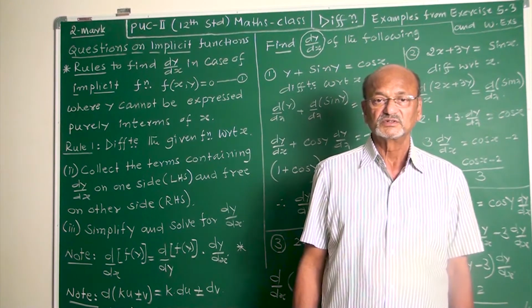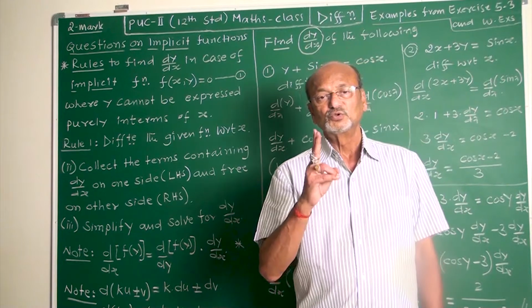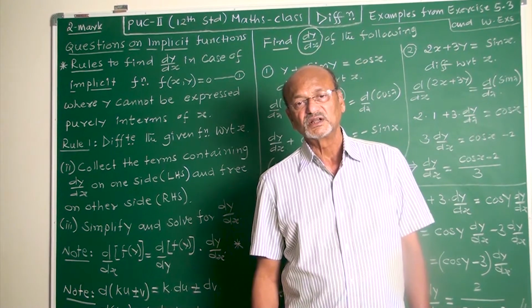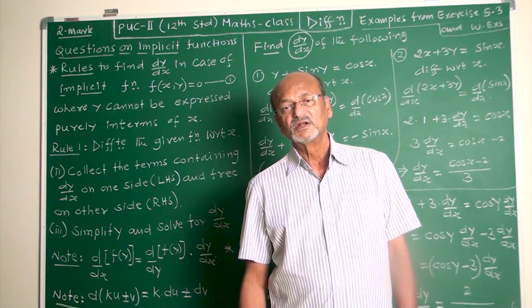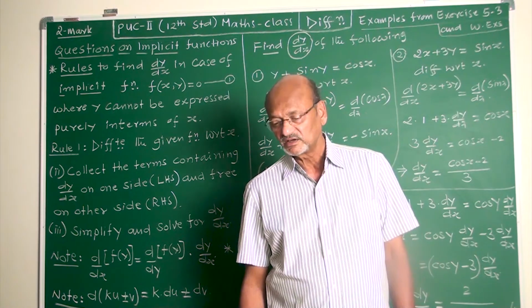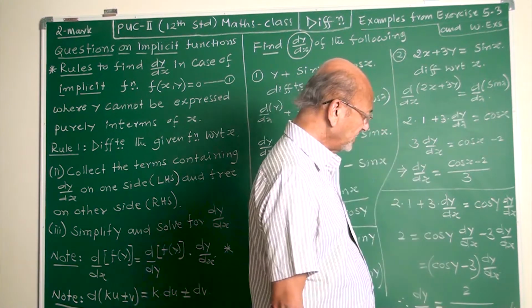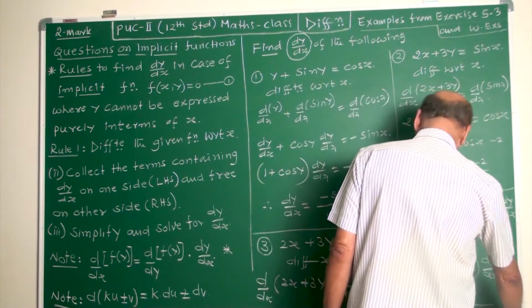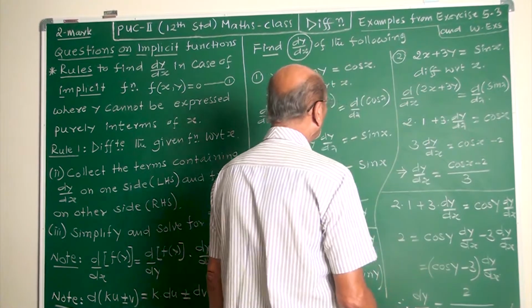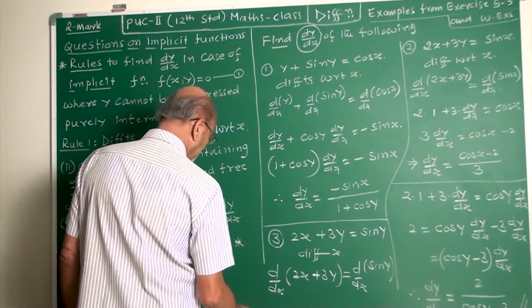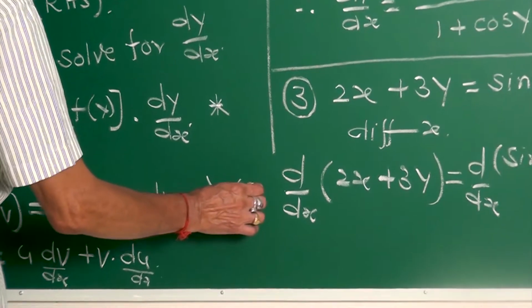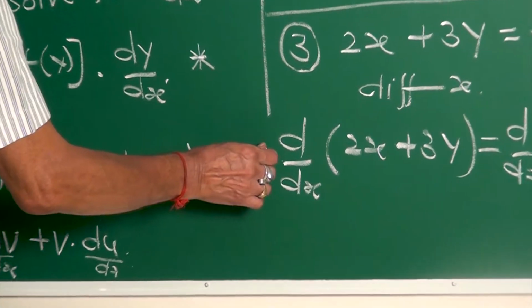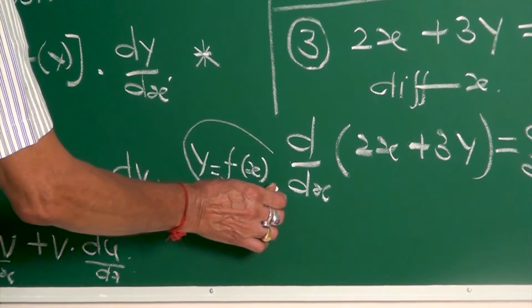There are two kinds. One is explicit. So far we have done examples differentiating a function where the variable y is purely expressed in terms of x, like f(x).